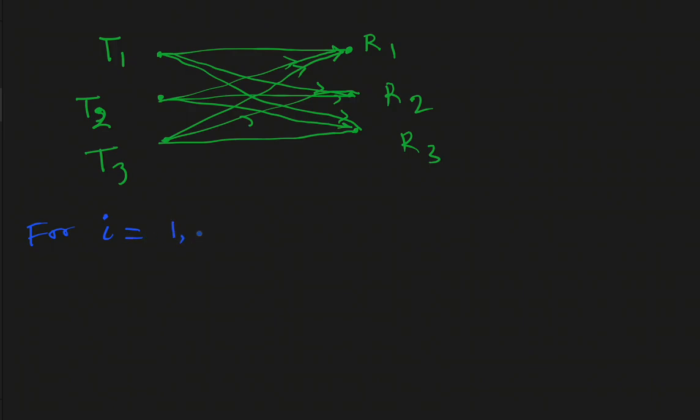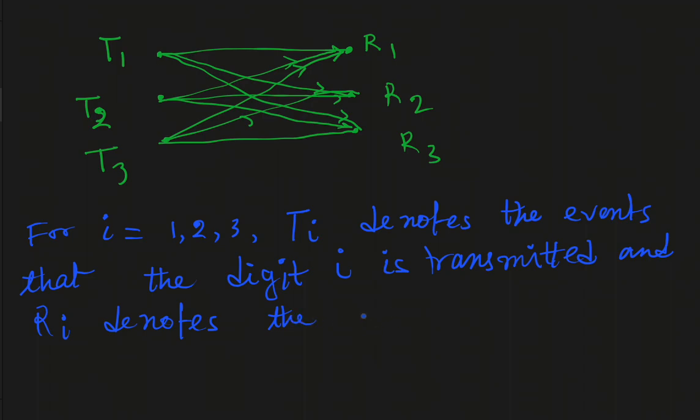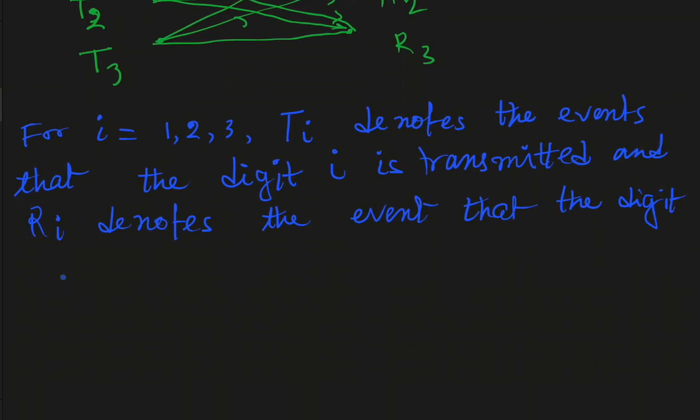For i equal to 1, 2, 3, Ti denotes the event that digit i is transmitted, and Ri denotes the event that digit i is received.